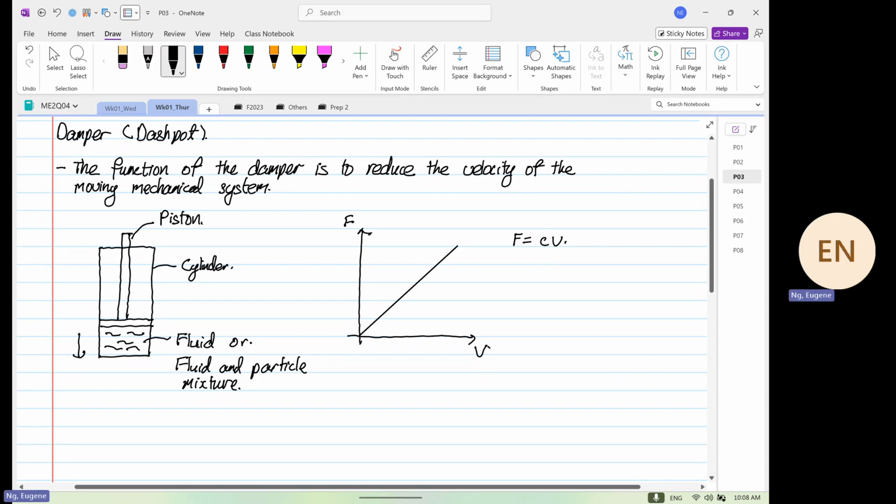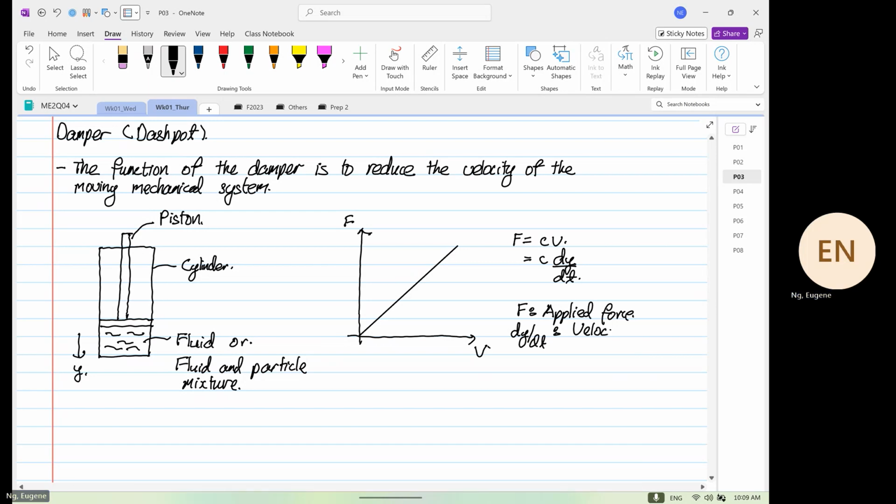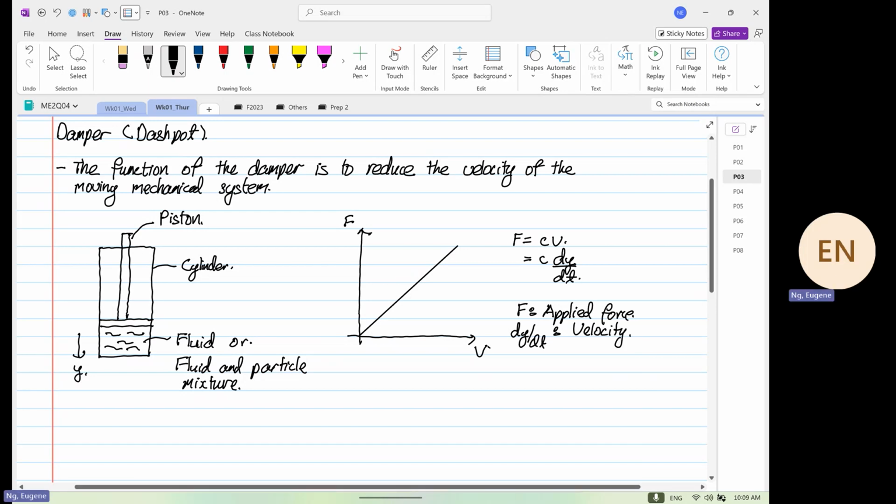And if over here, this is our y distance, so this will be equal to C dy by dt. So where F is the what? Applied force. And then we have dy by dt is our velocity. And then finally, C is our damping coefficient.